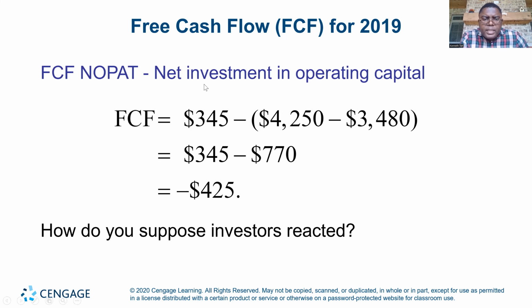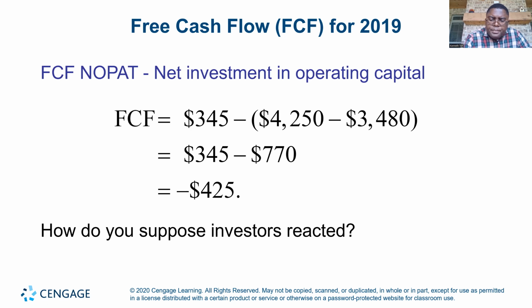In step 4, the net investment in operating capital is, from the diagram, the total net operating capital this year minus the total net operating capital last year. We just need to go a statement back and we'll find that it is 4,225 million minus 3,480 million. So step 4, we end up with 770 million.